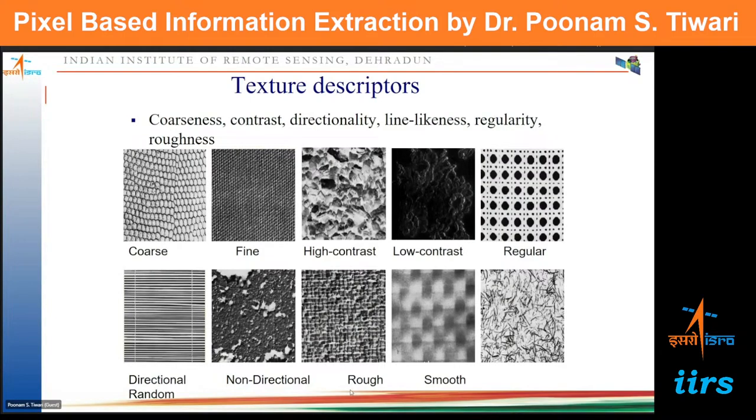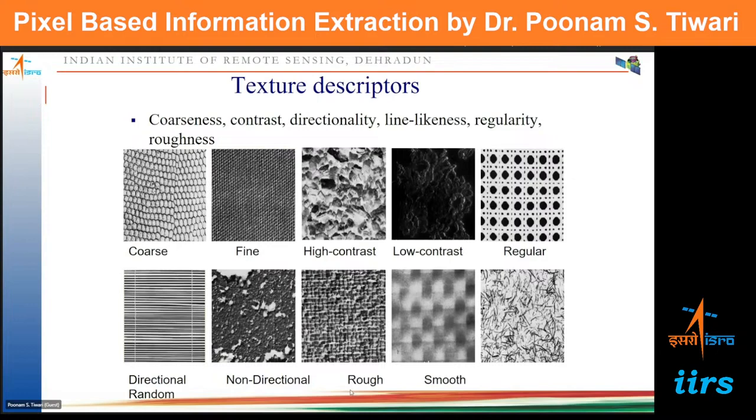If there is a regular pattern of DN values, then we are looking at a regular texture. The texture can be directional if we encounter certain lines or stripes, or non-directional. There is also rough texture and smooth texture. So we can have many categories of textures when we are looking at an image visually.